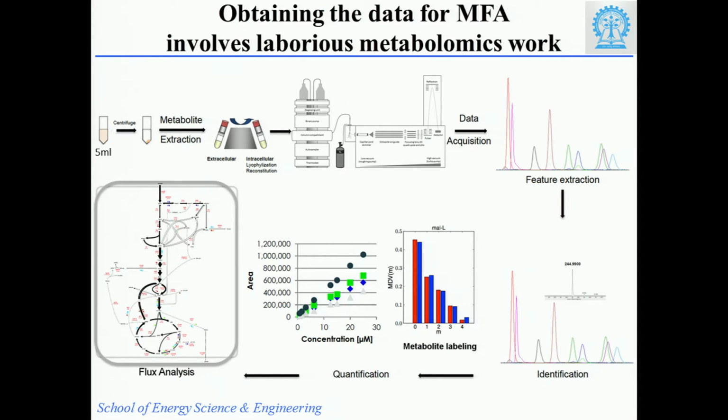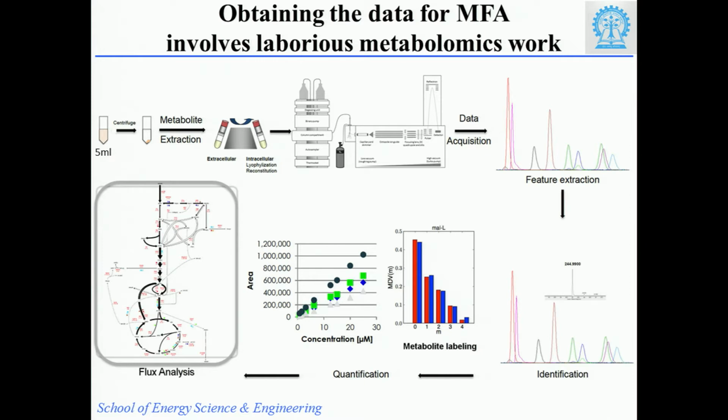Then you get this kind of labeling pattern, and you also need the concentration of the extracellular metabolites. For 13C MFA you need the fluxes going outside the cell, and you can calculate those using HPLC, right. At two different time points you can calculate the fluxes going outside the cell, and using these two pieces of information you can develop the flux map.